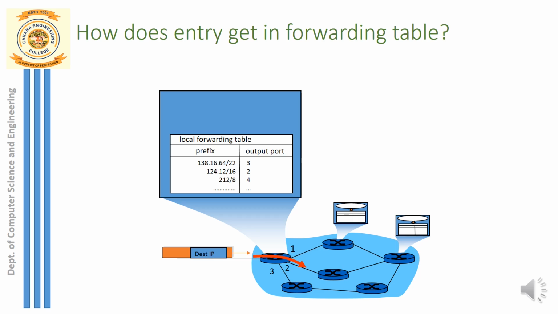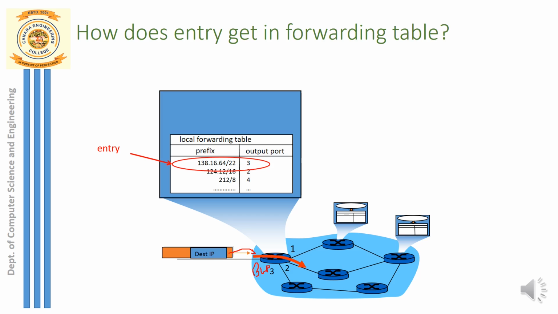Whenever a packet enters the autonomous system, first it has to reach the gateway router. This gateway router is a border router, the one where BGP, the Border Gateway Protocol, is running, and through this border router only your packet has to enter.